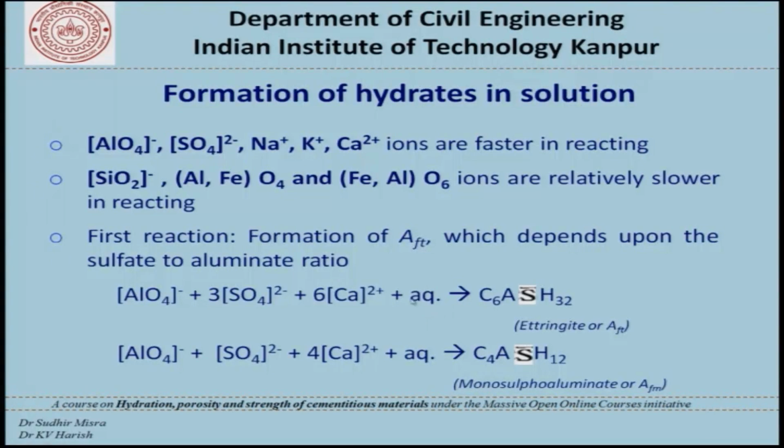Remember that here aq refers to aqueous, which means you have substantial OH- ions and H+ ions, that gives ettringite. And remember that this reaction we have already seen in the previous lecture. And likewise, the aluminate ions and sulfate ions in the presence of calcium can also give monosulfoaluminates.